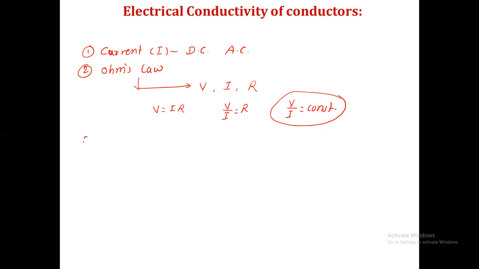Then the third thing we discussed was the application of Ohm's law: out of these three parameters, if one parameter is unknown, then by using Ohm's law we can calculate the third parameter. Then fourth, we discussed the limitations of Ohm's law. Is that point clear? Now please consider the next part.